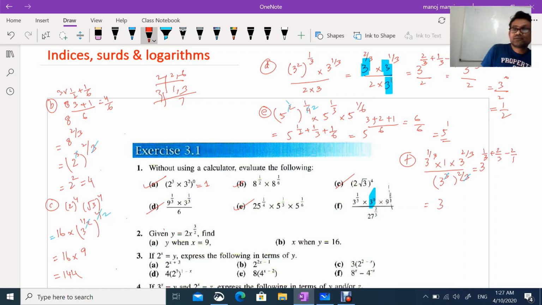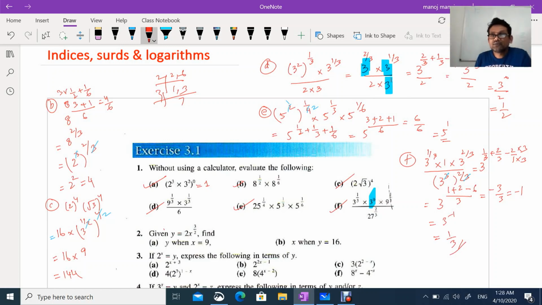Just practice makes a man perfect. So 3 power 1 plus 2 minus 6 over 3, so the final answer is minus 3 upon 3, which is minus 1. 3 power minus 1. Normally we write positive, so 1 upon 3 is your result. We have done it.